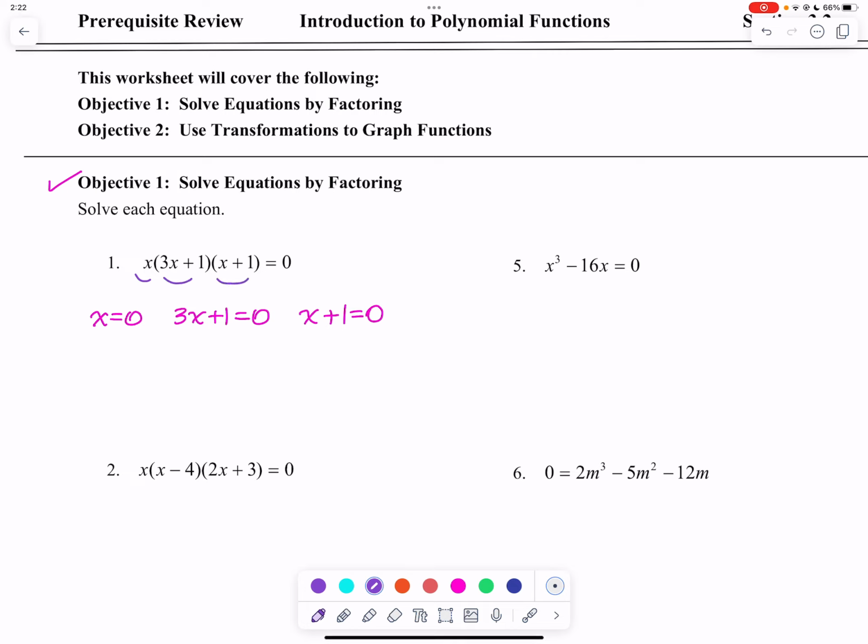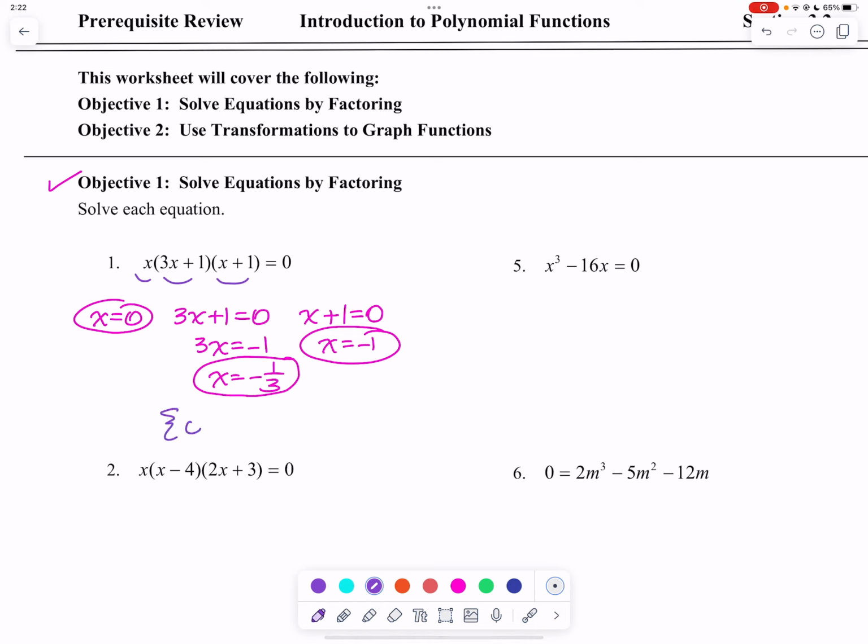And so x equal to 0 is finished. We will subtract 1 from both sides and divide both sides by 3. And we will subtract 1 from both sides. So here our solution set is 0, negative 1/3, and negative 1.